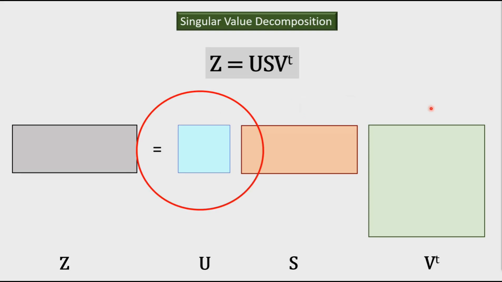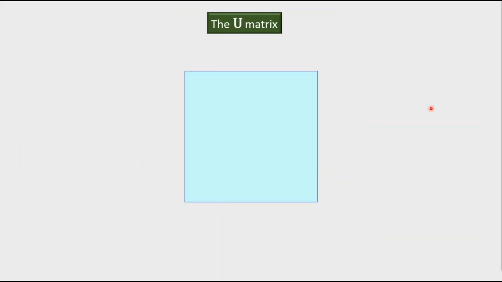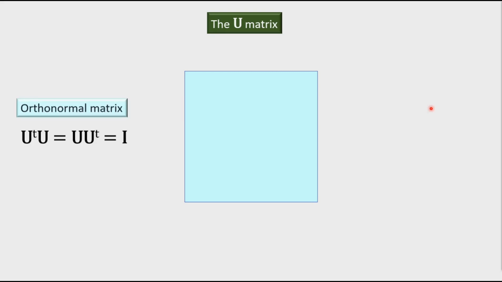Let's look at the U matrix first. U is an orthonormal matrix. An orthonormal matrix is a matrix whose transpose is its inverse. Hence, U transpose U equals U U transpose equals the identity matrix.